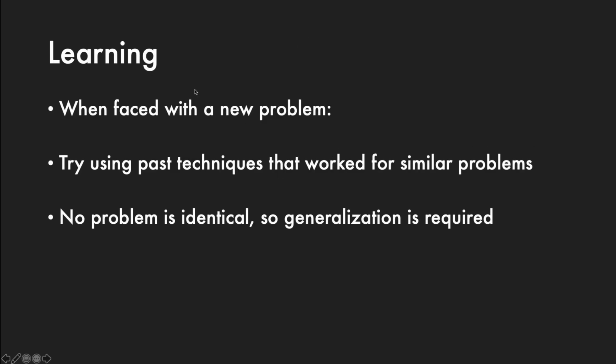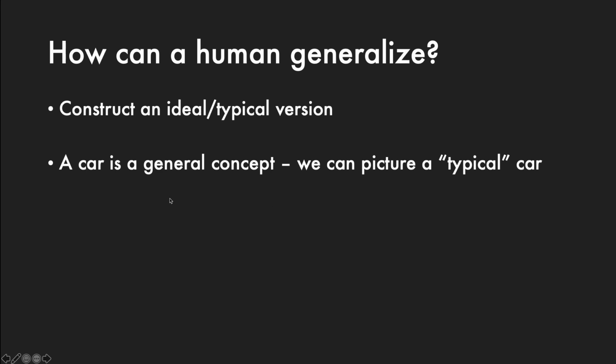So onto the topic of learning. When faced with a new problem, a good technique is to try using past techniques that work for similar problems. No problem is identical though, so you have to be able to generalize, kind of identify the important pieces. So for a human being, how do we generalize?